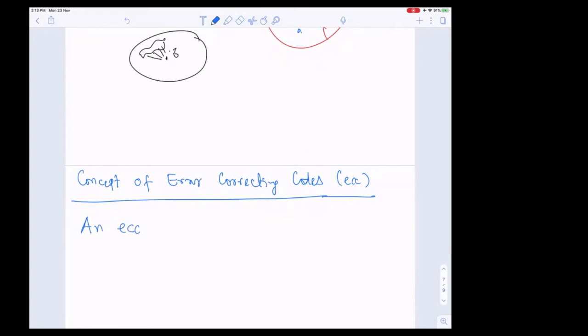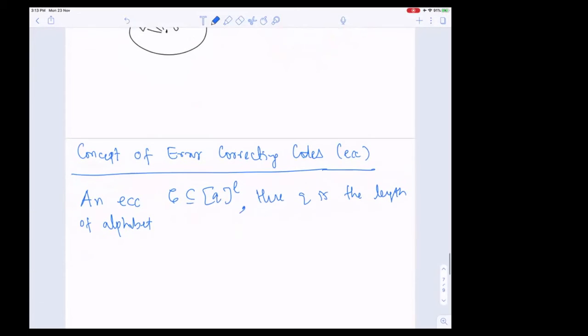So an ECC, or error correcting code, C, is some subset of Q to the power L. Here, Q is the length of the alphabet, the alphabet size, and L is the block length. This is also called block length.